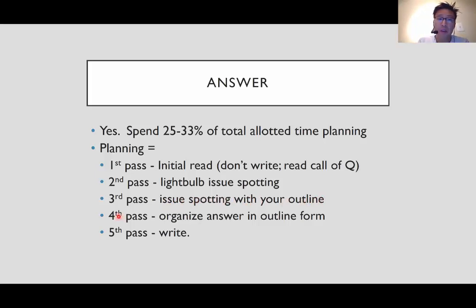Okay. On the fourth pass, maybe you look at the facts again, but at this point it's not a pass of the fact pattern, you're organizing your answer in outline form. So you're actually assembling everything.